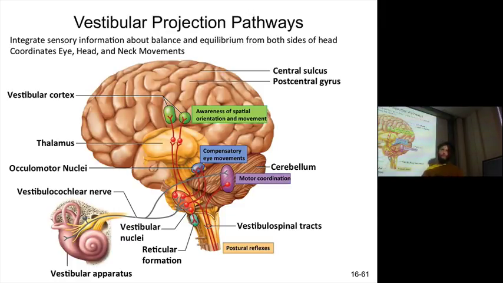For example, Michael Jordan, or I don't know who, God, I know nothing about sports, but some basketball player that you know that is relevant to your life, they have this information coming from their orientation in space, and that is sent to their cerebellum so they can coordinate their learned motor actions. Then these fibers project up to the thalamus, which is where they have to project if we're going to be aware of it. There's a synapse there that then relays to the cortex. This gives us our awareness of spatial orientation and movement.